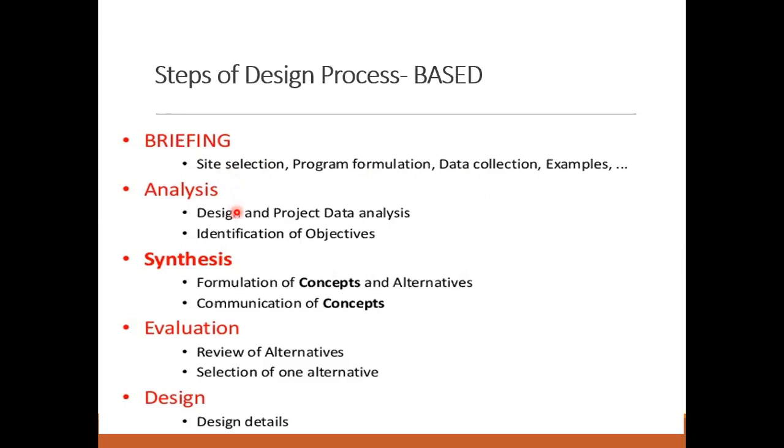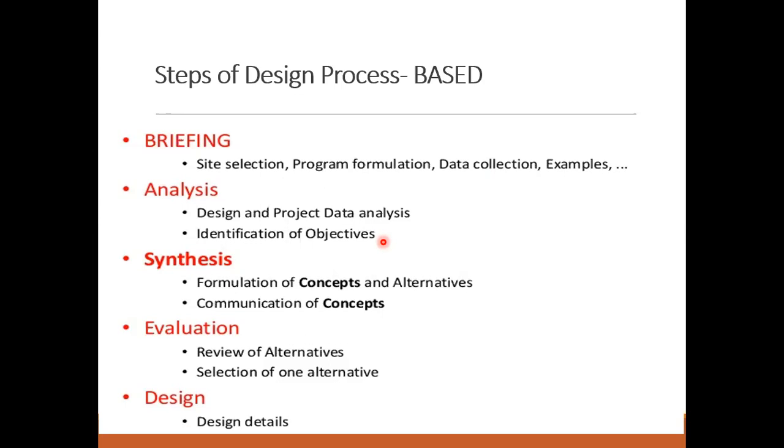Analysis part: design and project data analysis. The data requirements that we have enlisted in programming are then analyzed, and we finally identify the basic objectives of the building design. For example, the building is designed for handicapped people, or as an old house.